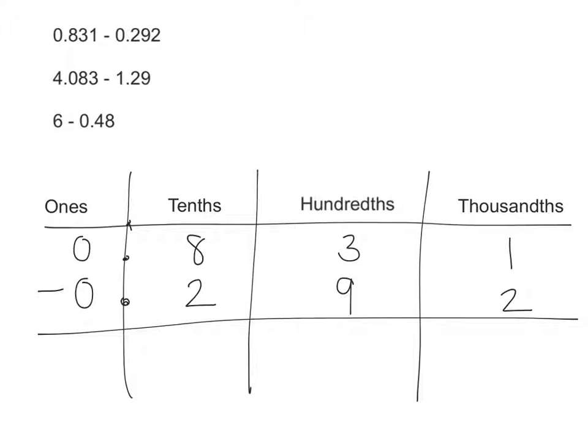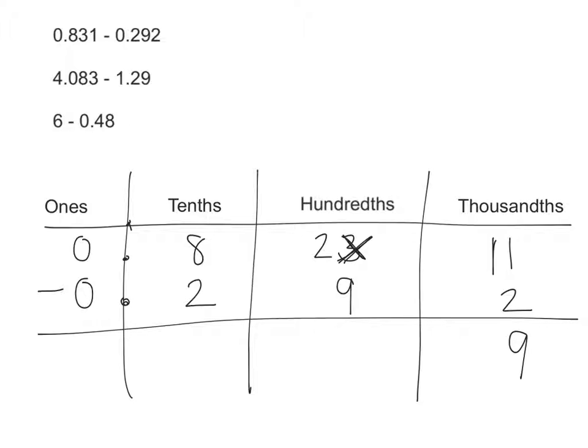No. That means I need to regroup. So I'm going to take one of these hundredths and turn it into how many thousandths? 10. So if I have 10 thousandths plus 1 more thousandth, how many thousandths do I have altogether? 11. So now I can do 11 thousandths minus 2 thousandths, which is how many thousandths?